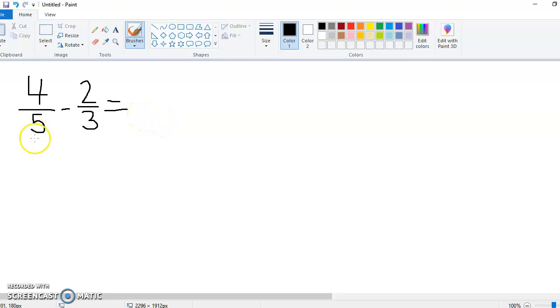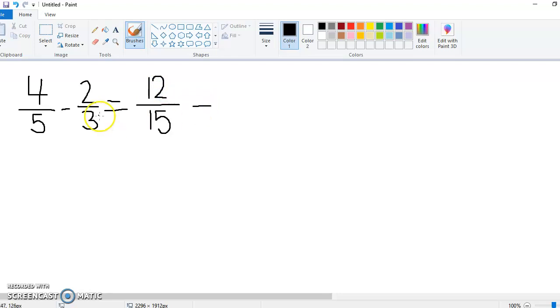So in order to get to 15, I need to multiply my denominator of 5 by 3. And anything I do to either the numerator or the denominator, I have to do to the other part of the fraction. So because I multiplied this 5 by 3, I have to multiply my 4 by 3 as well to result in 12 for my new numerator.